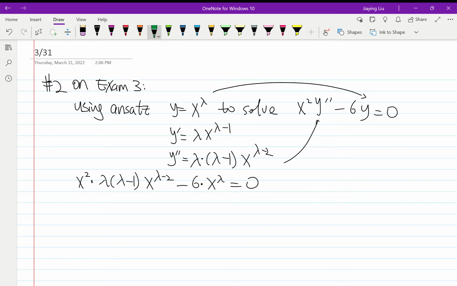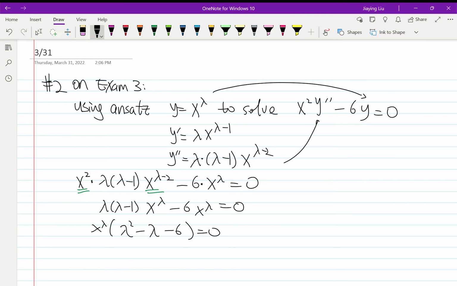If we simplify the x terms in the first term, we just get x to the lambda, so that's good. So we have lambda minus 1, x to the lambda, minus 6 x to the lambda equals 0. Then we can factor out x to the lambda. I'm also going to distribute the lambda into the parentheses. We got lambda squared minus lambda minus 6 equals 0.